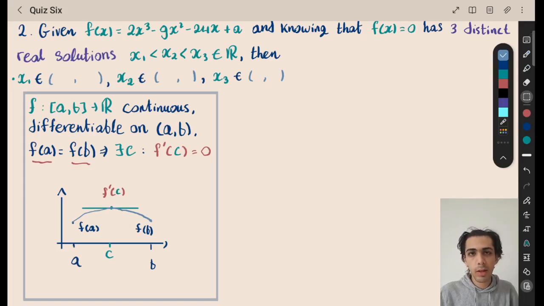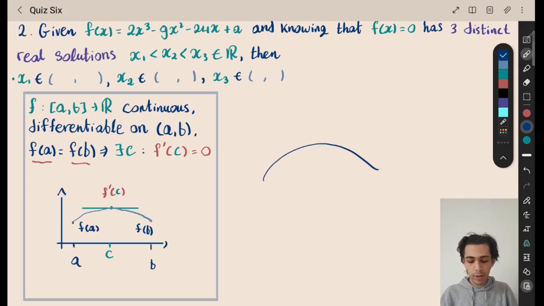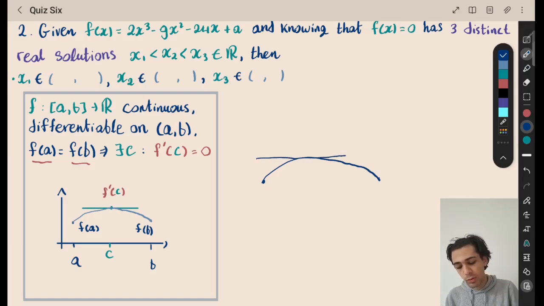What this means basically is if you're drawing your function like this and you're going back to the same height, then there is a point at which the rate of change, or the slope, more importantly, is equal to 0. And the zero slope is like this.